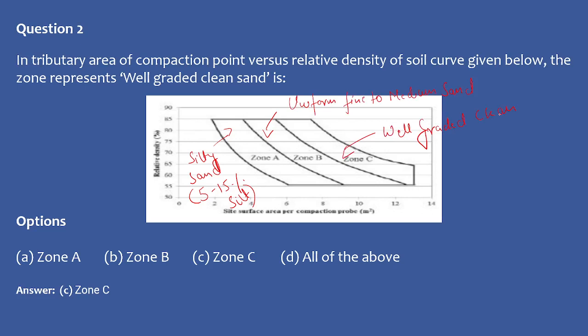So this diagram is basically the design curve which we use to evaluate the tributary area at the site corresponding to any relative density in the vibro compaction method.